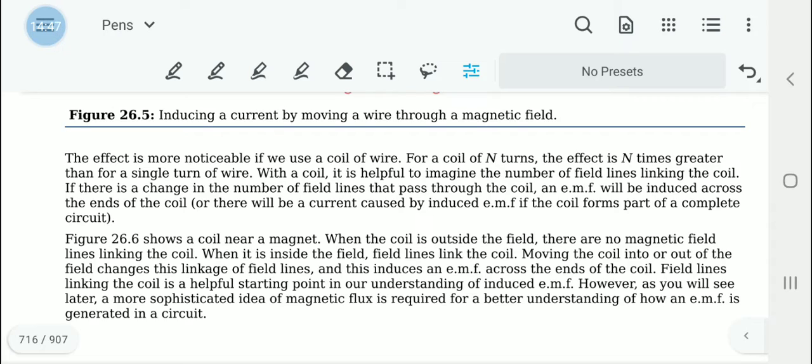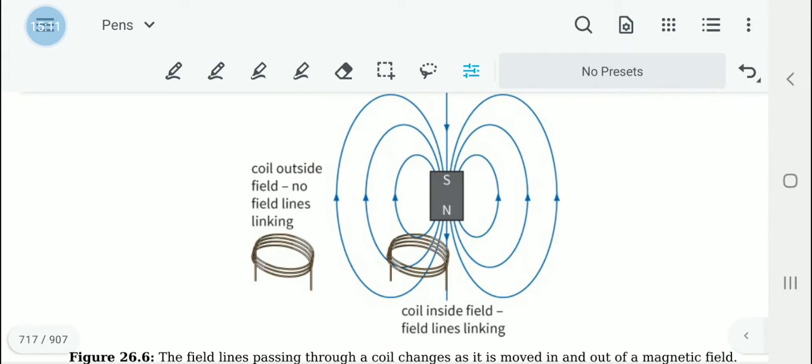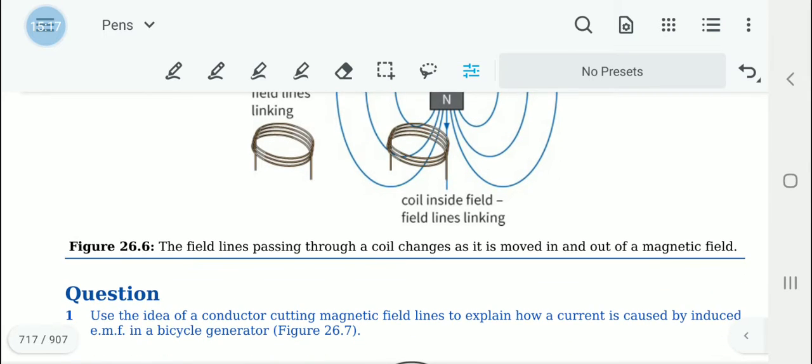This is actually the basic understanding, but again we need to understand what magnetic flux is to get a clearer understanding of how EMF is generated in a circuit. But in basic principle, what you need to understand is the coil needs to be either moved in or out for the power to be generated.